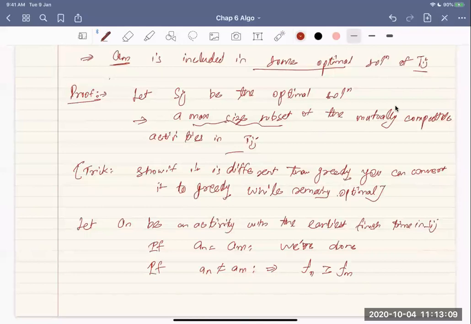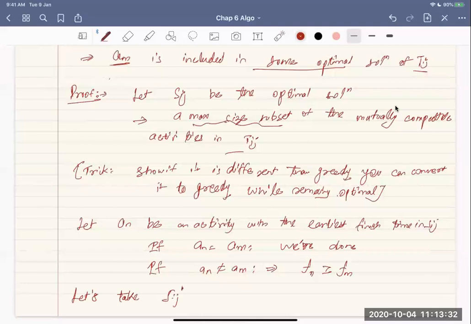Yes. Now, so now go back to our trick. So if it is not the same, try to convert this optimal solution so that it starts behaving like the greedy one. I mean, it starts behaving same as greedy one without compromising on the optimality. So let's say then fine. So let's take Sij prime.